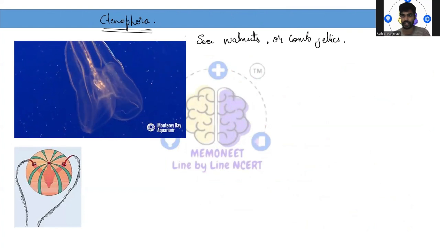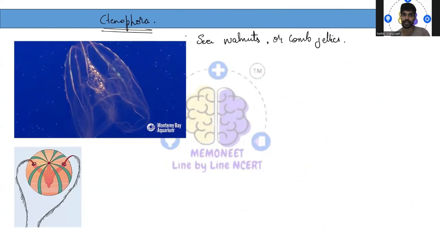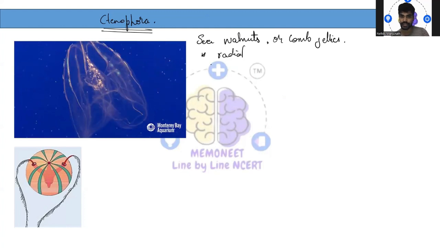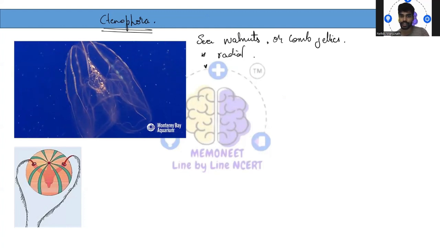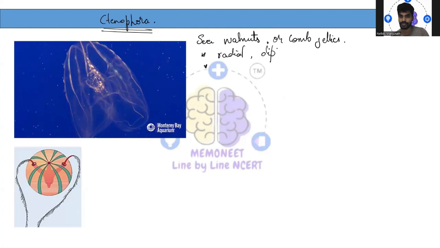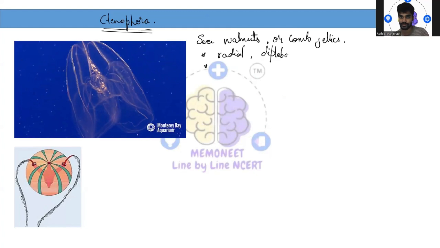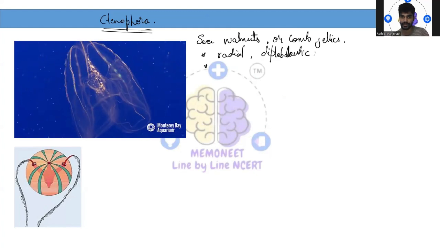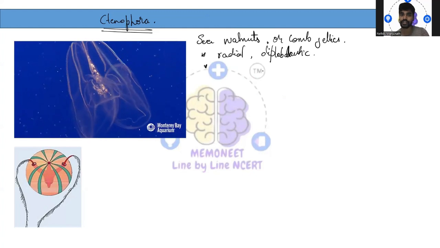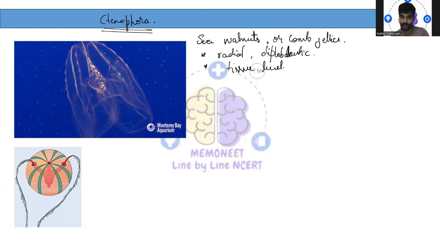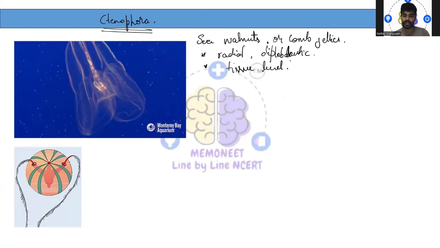And they're exclusively marine. And what type of symmetry will we see? Radial symmetry. And what kind of organization? Diploblastic organization with tissue level of organization you will see.